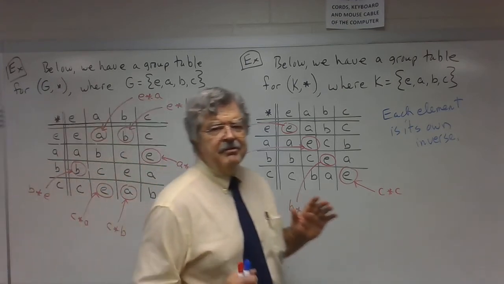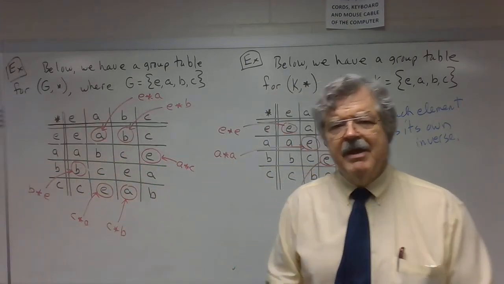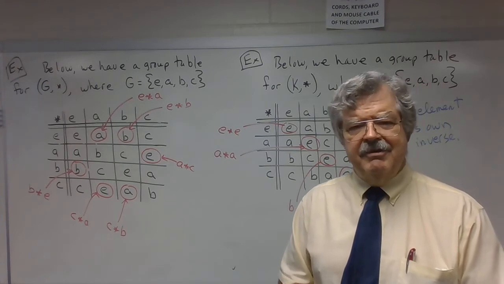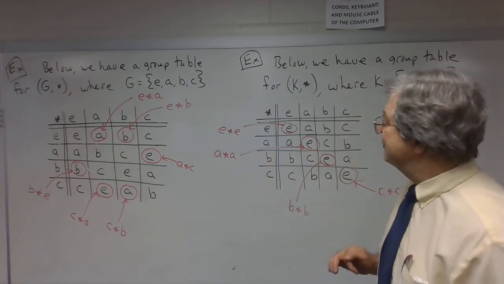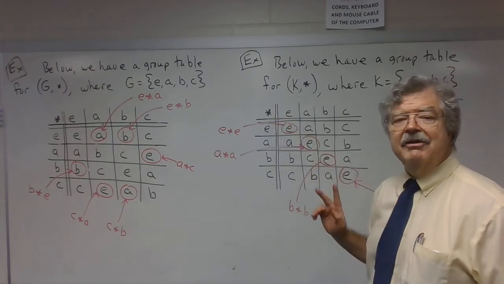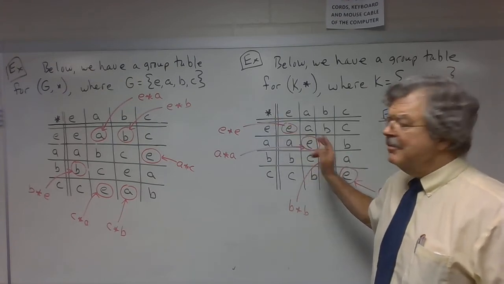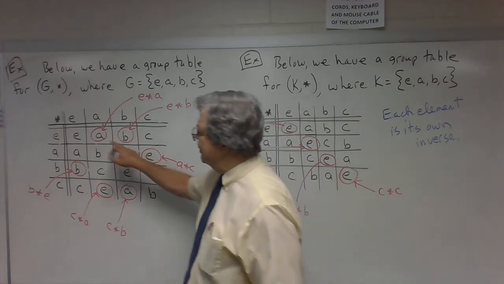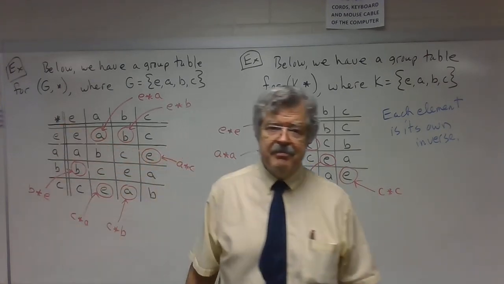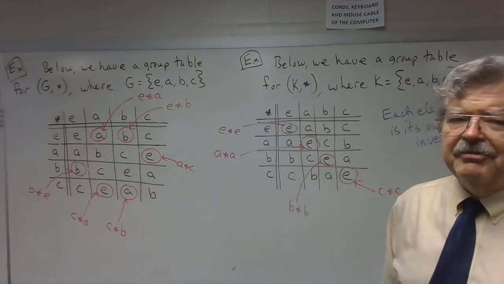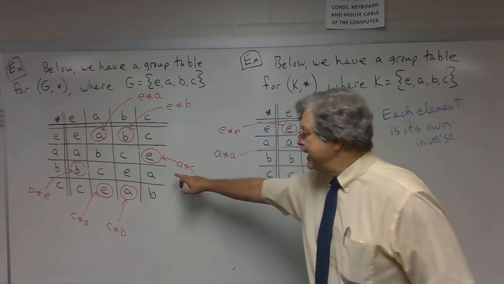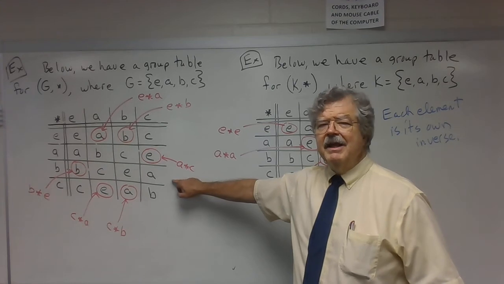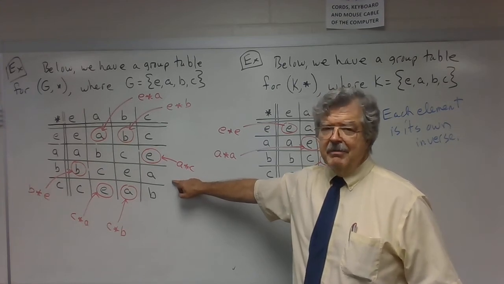These two tables are structurally different because the elements have different algebraic properties. The elements plus the binary operation here have different properties than the elements in the binary operation here. So the two groups are structurally different. We can't get this group from that group just by taking the elements of this group and renaming them.